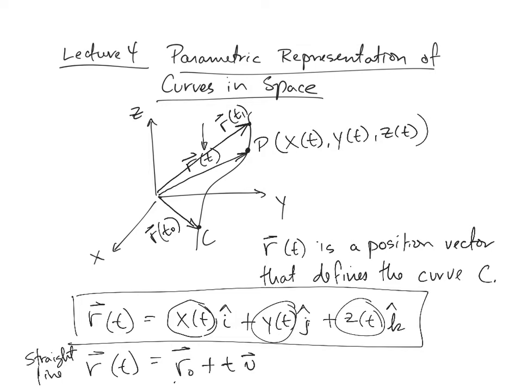Here is a position vector that points to a particular point on the line, and here is a vector parallel to the line. If we know those two things, we can write them in this form, and we've got a position vector function that defines that straight line.